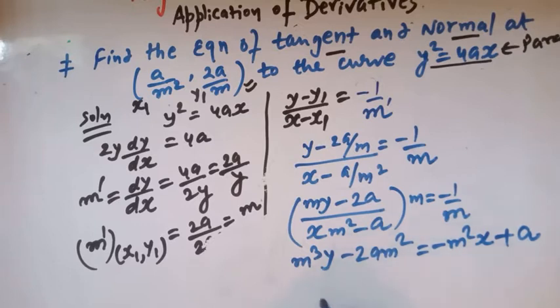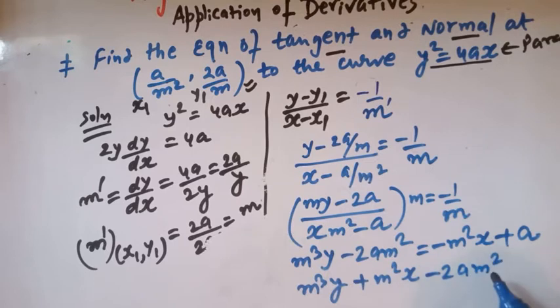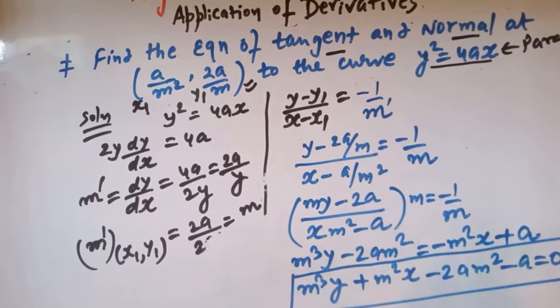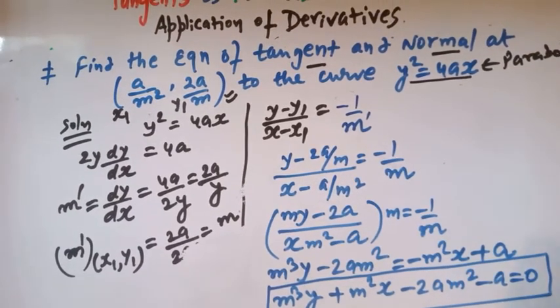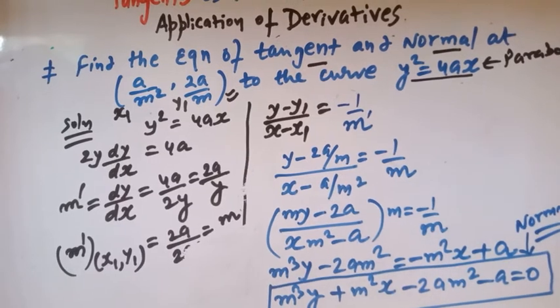Clear? So we'll take this m square x to this side, and this a to this side, so we have minus 2am square minus a is equal to 0. So we have the equation m square x plus m cube y minus 2am square minus a. So this is the required equation of the normal. Clear? This is the normal. Clear?